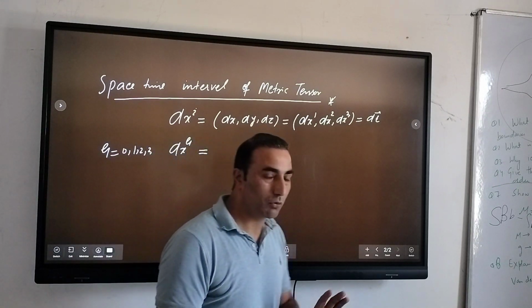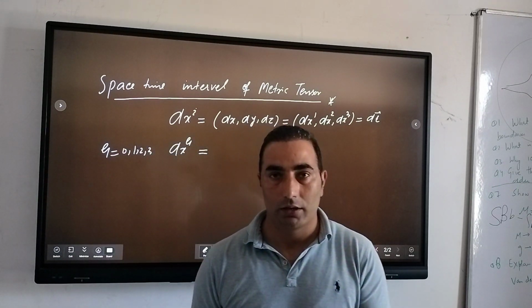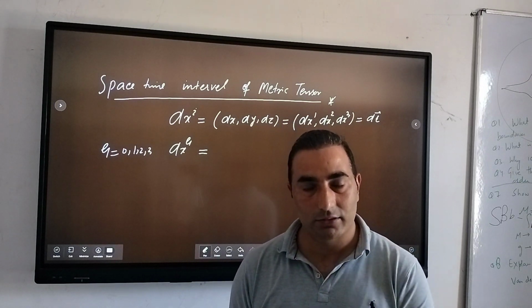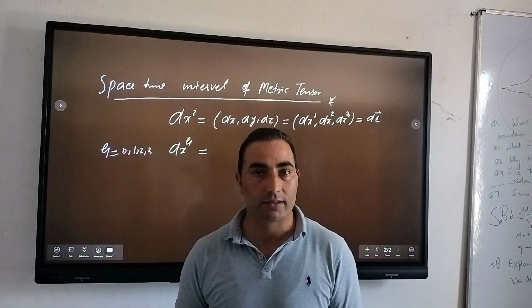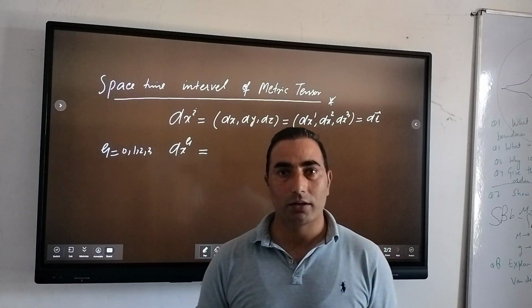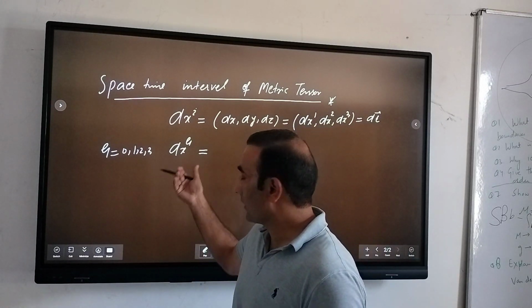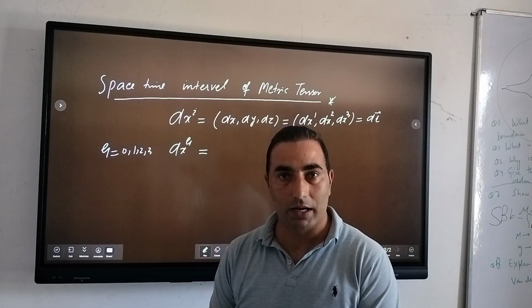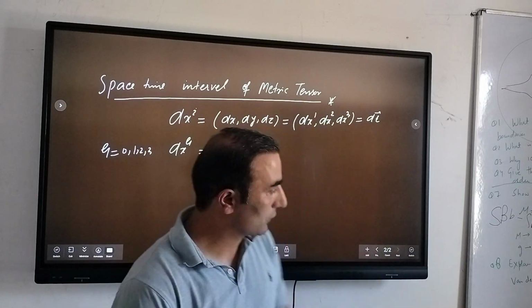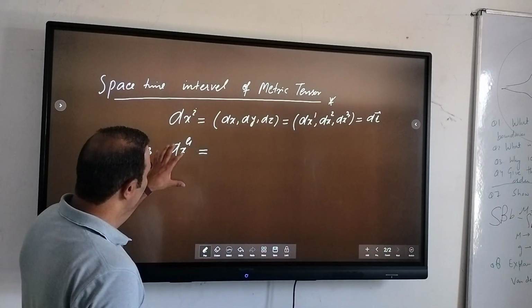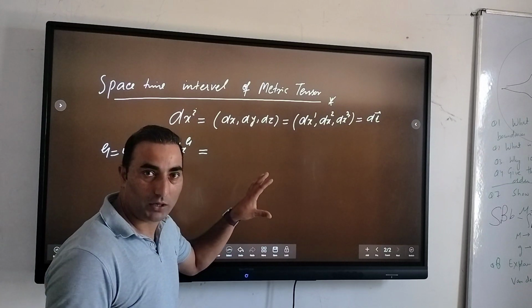So mu equal to 0 corresponds to the time component, and 1, 2, and 3 correspond to the x, y, and z components. That's why it is called the four-component length element. So now it has four components.